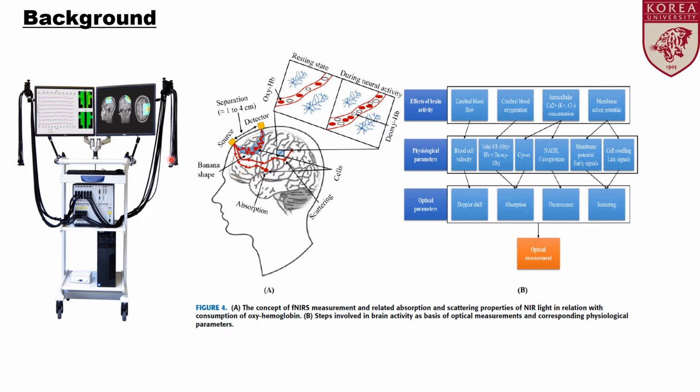This device measures the oxy and deoxyhemoglobin concentration changes in relation to a particular task in targeted brain region. In recent years, researchers are utilizing this device to know about many social, psychological, and medical related changes occurred in brain to know the functionality of brain.